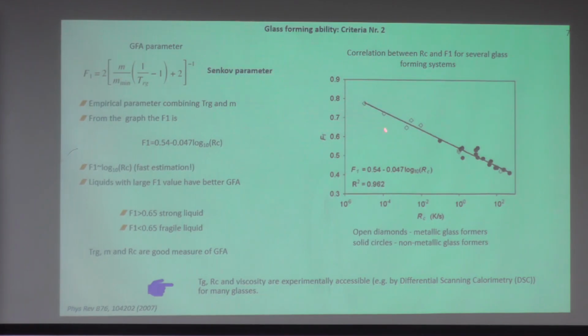We can see that these are strong glass formers, and these are bad glass formers. The 0.65 boundary is somewhere here. So by this we can also identify the glass forming ability.